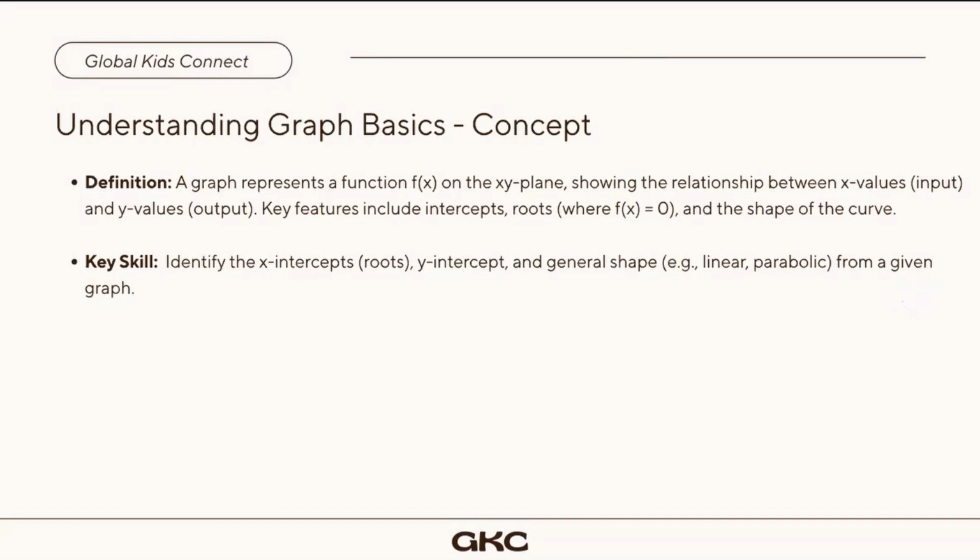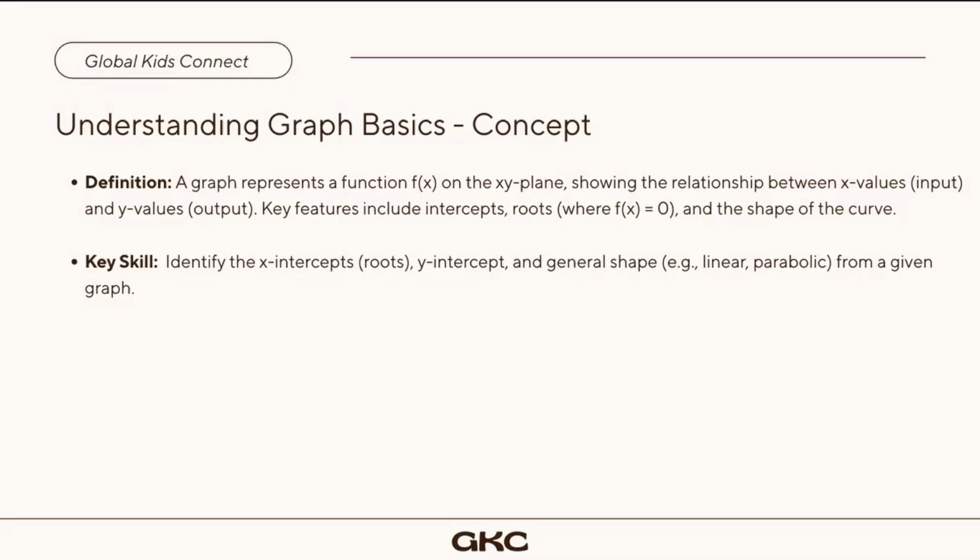And so the first concept of today is understanding graph basics. The definition of a graph is that a graph represents a function f of x on the xy plane, showing the relationship between x values, also known as the input values, and the y values, which are known as the output values.